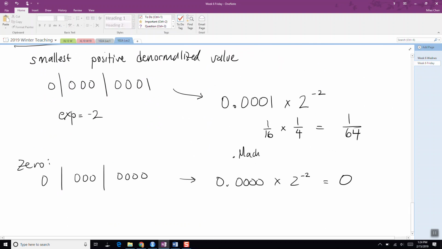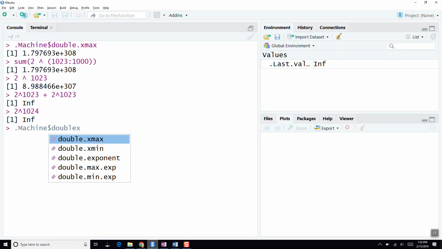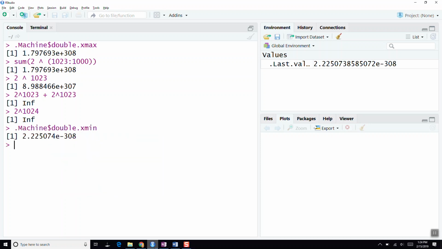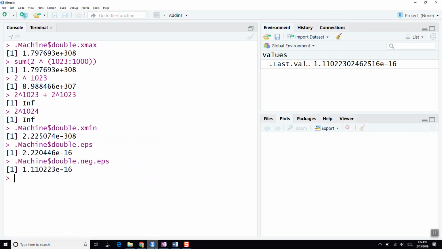This is our dot machine, double X-Men, double epsilon, double.